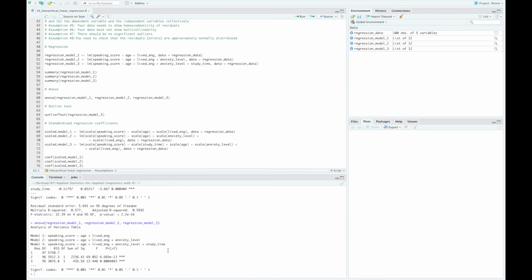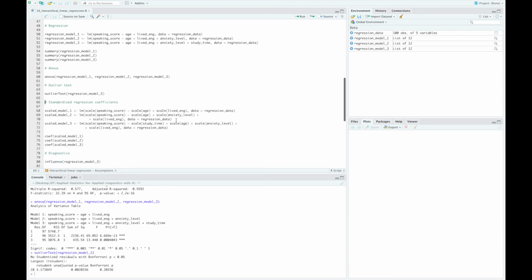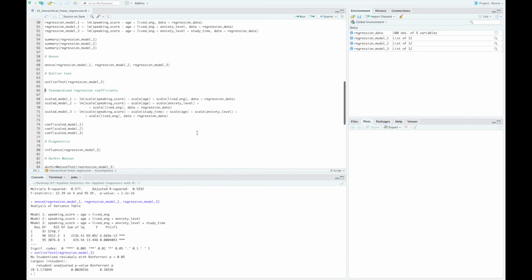Here is the ANOVA that we would run on all three models. And our outlier test. We see that we have an outlier, but it's not significant, so we're going to leave it in the data for now.